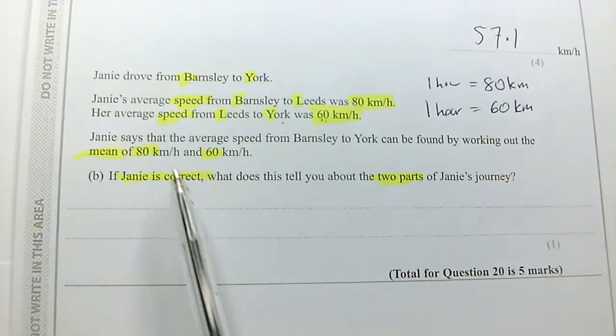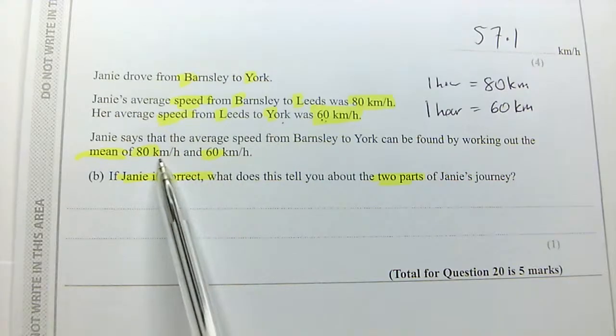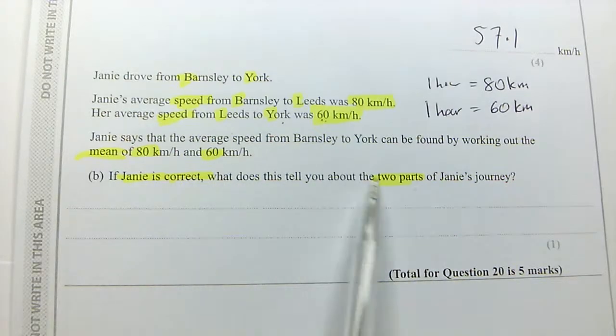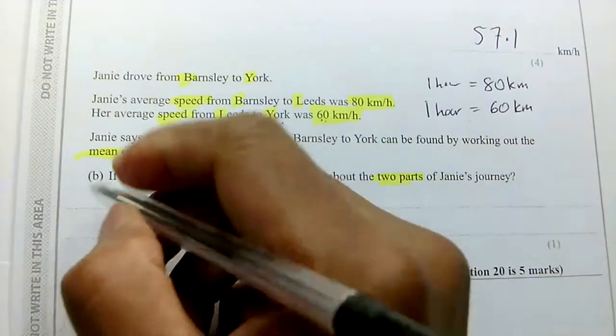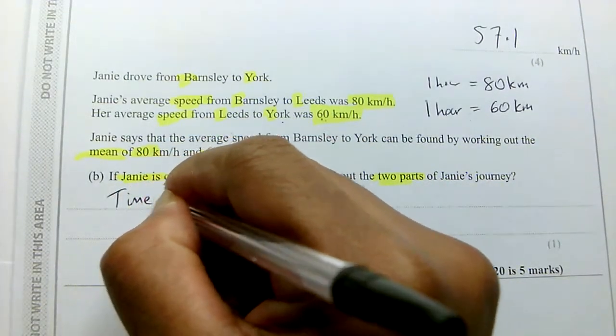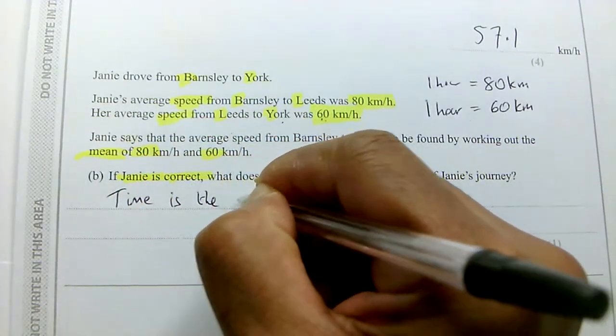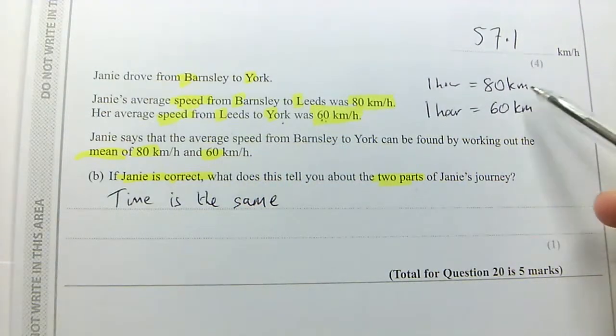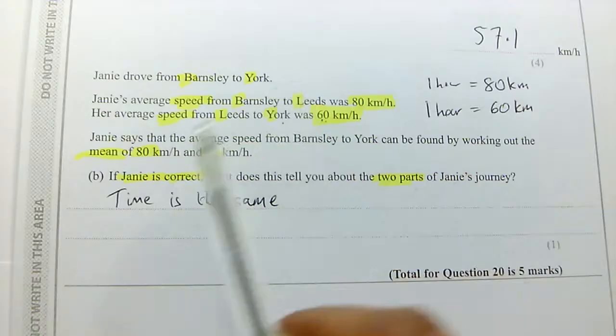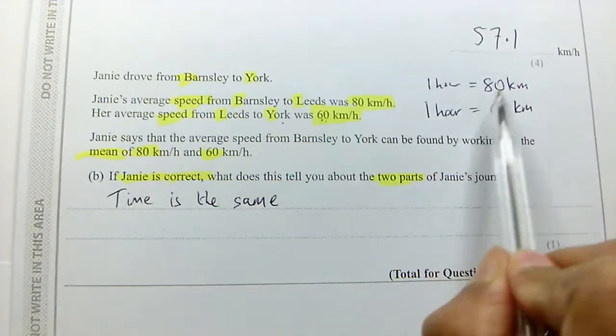And we're saying that the mean of 60 and 80. So what we are assuming here is they have the same time. So we can say time is the same, because we're adding them together and dividing by 2. That's what mean means. Mean means we add them together, dividing by 2.